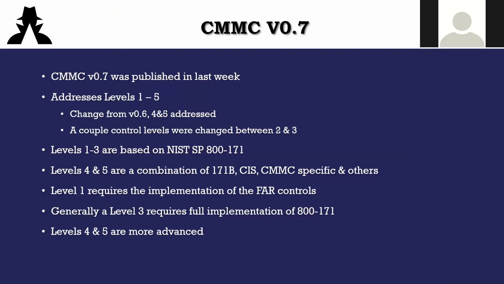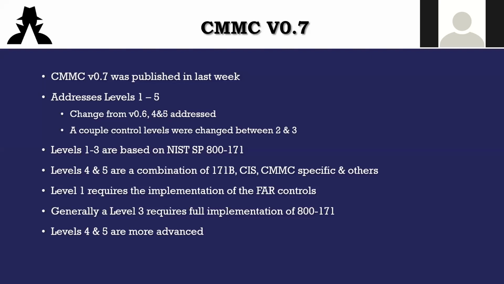Levels 1 through 3 are generally based on 800-171 revision 1. There were about 21 additional controls put in there from CMMC. Levels 4 and 5 are a combination of 171B, the critical security controls from the Center for Internet Security, CIS, some CMMC-specified ones, and a handful of other frameworks referenced in there.